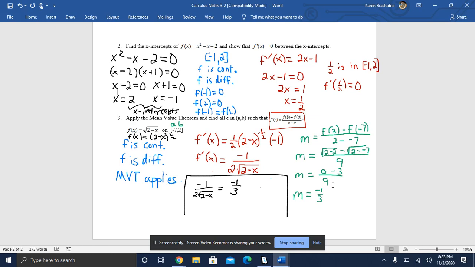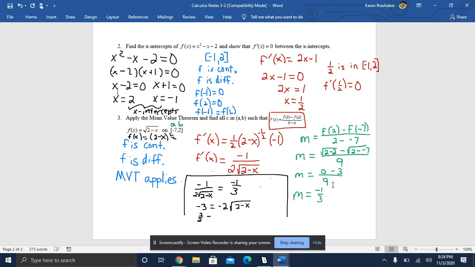And I think I might look at it that way with you because that's more likely what would happen on other problems. So I'm going to cross multiply it. I would get negative 3 equals -2 times the square root of 2 minus x. And then I'm going to divide both sides by -2.